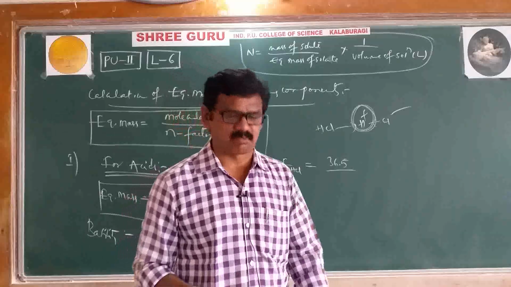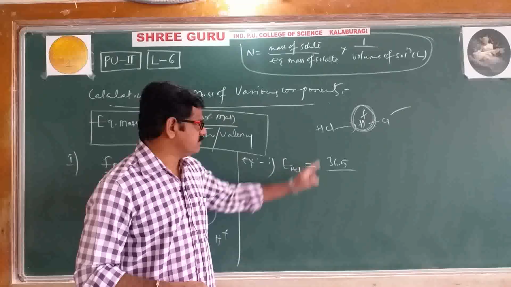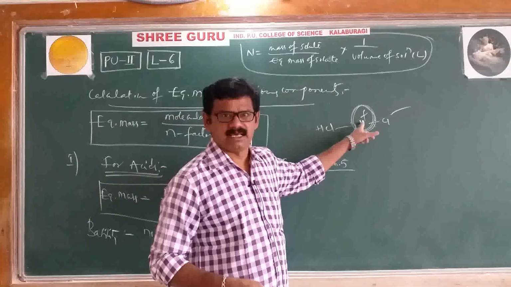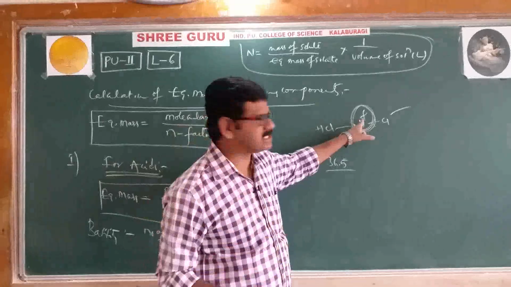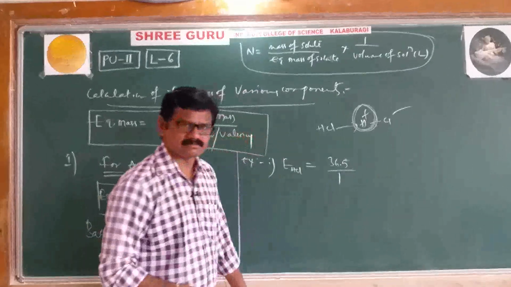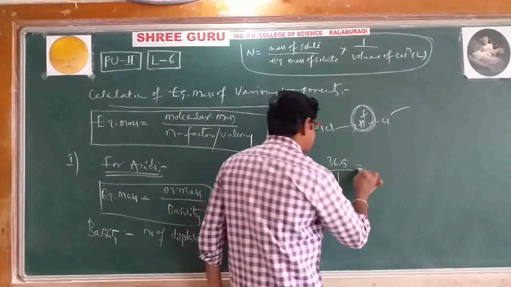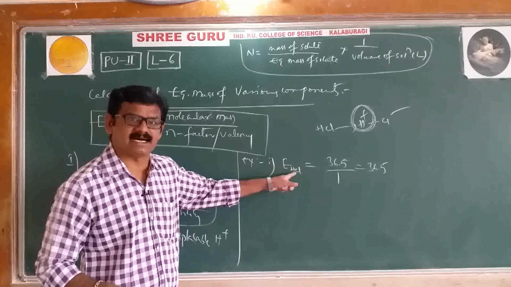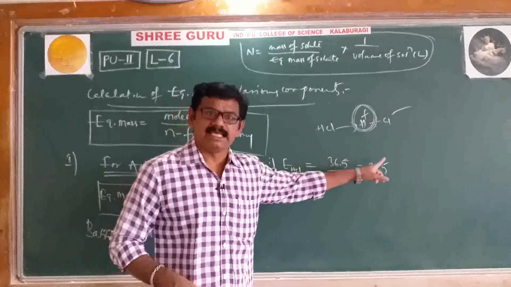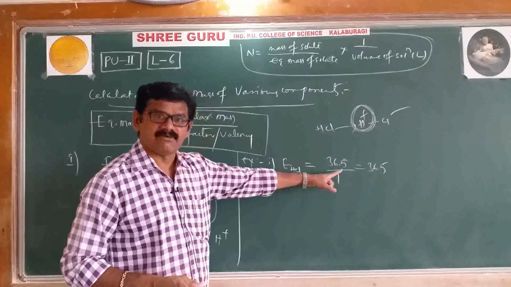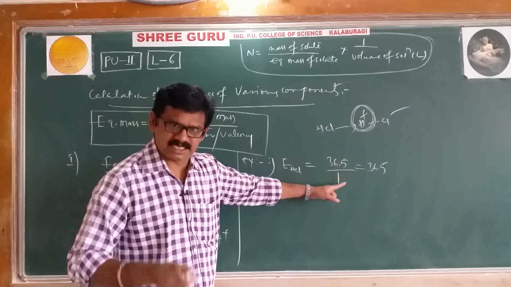If HCl is reacted with any OH, one H plus ion participates, so the number of displaceable hydrogen ions is just 1, divided by 1. That's why the equivalent mass is 36.5 only. As far as HCl is concerned, molar mass and equivalent mass are both the same, because valency, nothing but basicity, is 1.